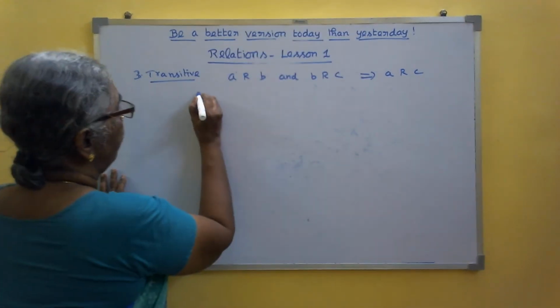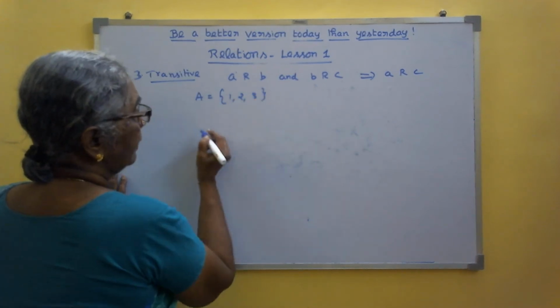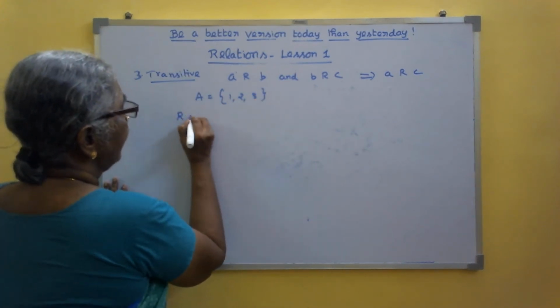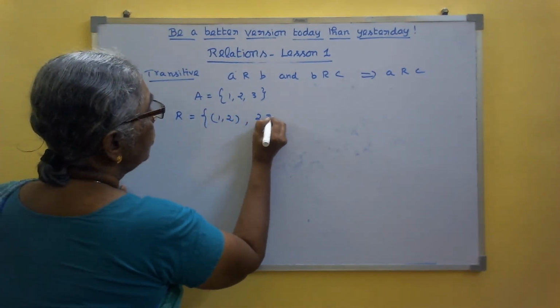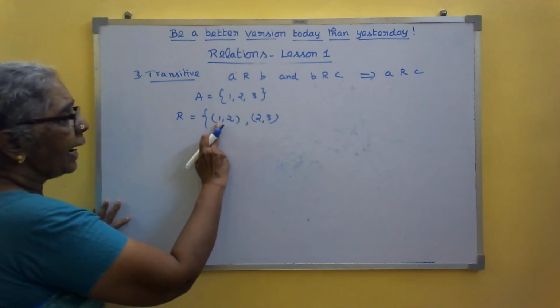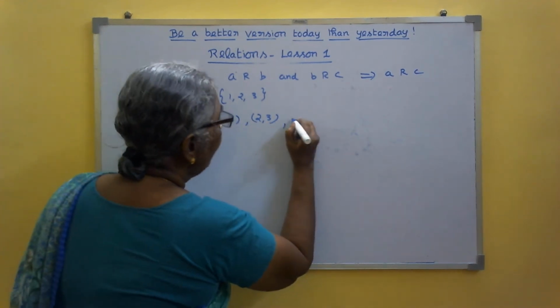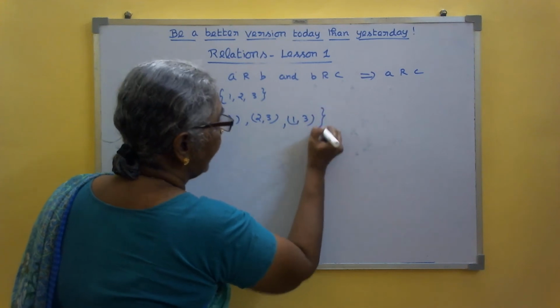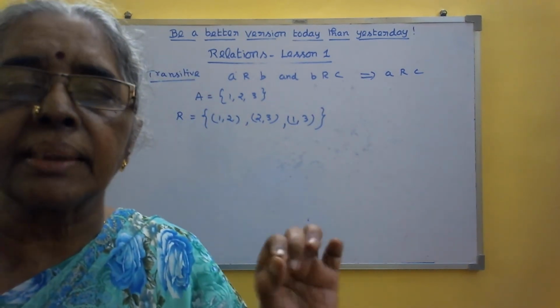Let me go to the same example. A is equal to {1, 2, 3}. Okay, you consider the relation R. Now I have (1, 2). I have (2, 3). Now see, A related to B, B related to C. So if it has that (1, 3), that is A related to C, I can call it as a transitive relation.